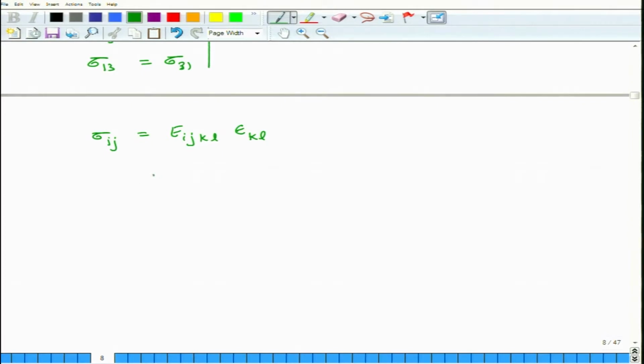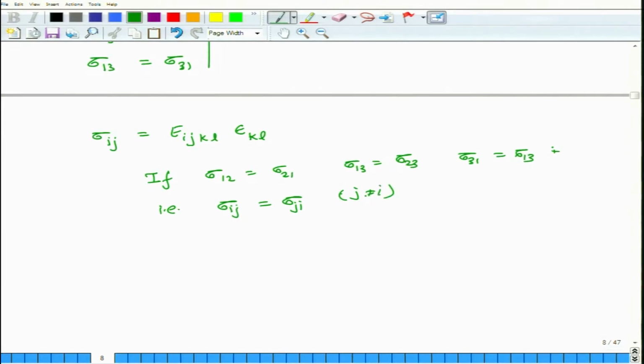Now, sigma ij is equal to sigma ji when j is not equal to i, because sigma 1 3 is equal to sigma 3 1, sigma 1 2 is equal to sigma 2 1, and this is sigma 3 2, okay.